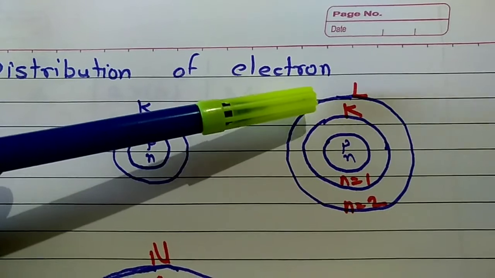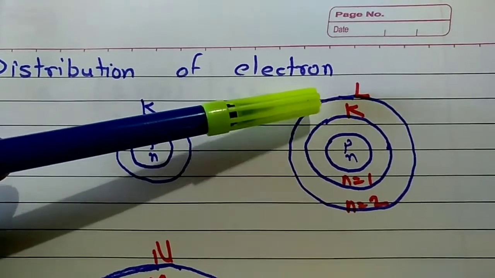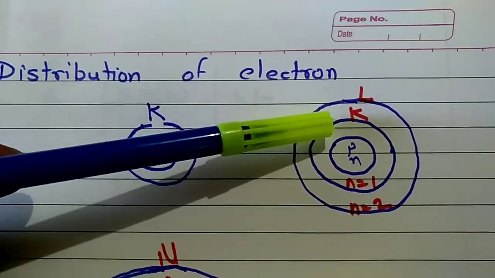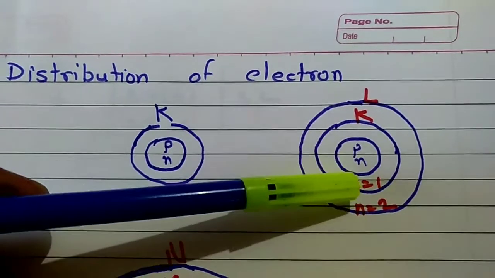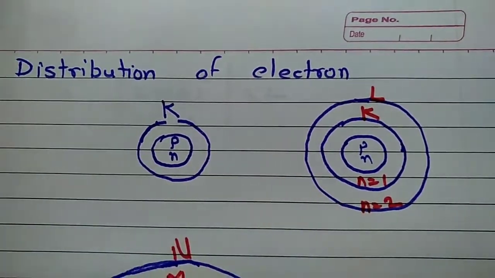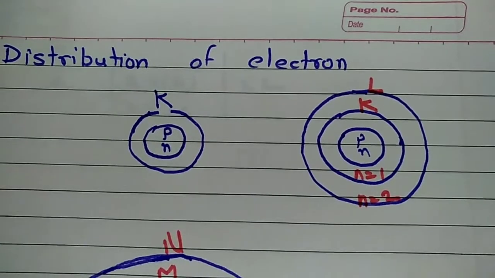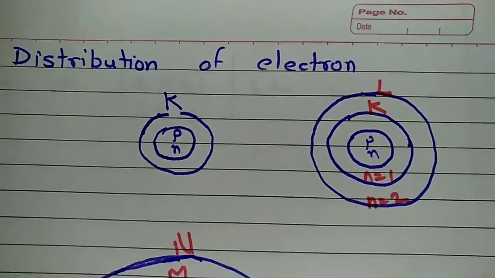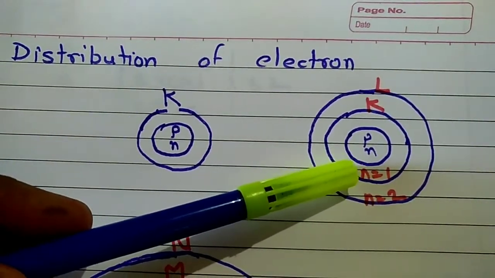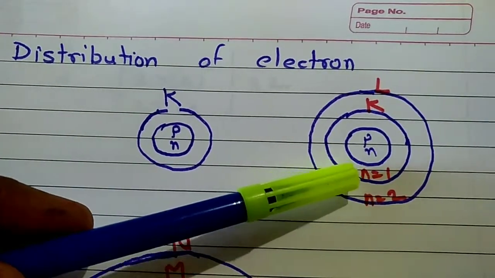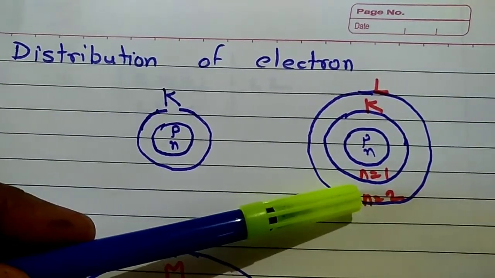These orbits are called by another name, shell, because these are energy levels. And their numbers are, first one, K shell's number is 1, then L shell's number is 2.